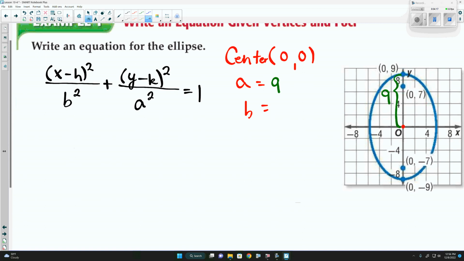Now our B value is going from the center along the x-axis. Do we know what this length is? No, and it doesn't give us a good point on the x-axis either. However, there is another length that we do have, and it's this one here, which is our C value, which is 7.